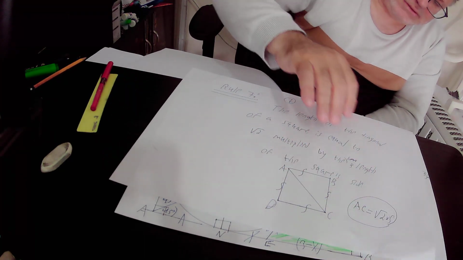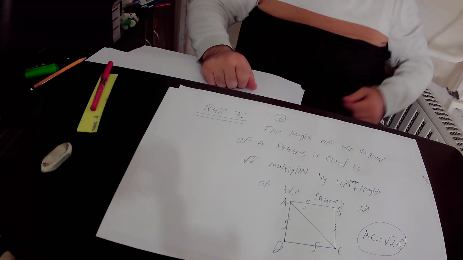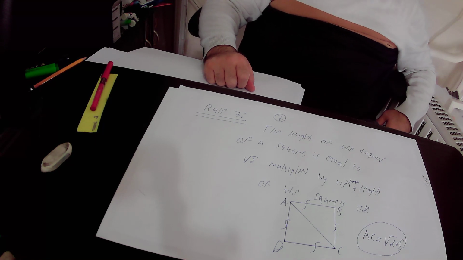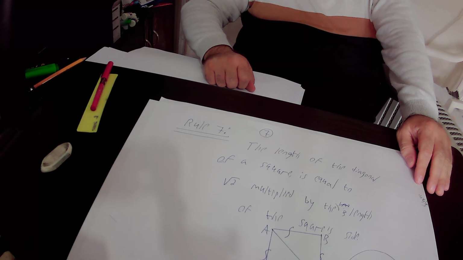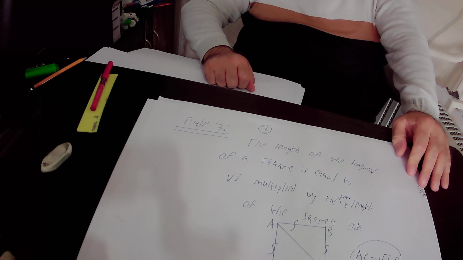And then I presented to you rule number 7. According to rule number 7, the length of the diagonal of a square is equal to square root of 2 multiplied by the length of the square's sides.